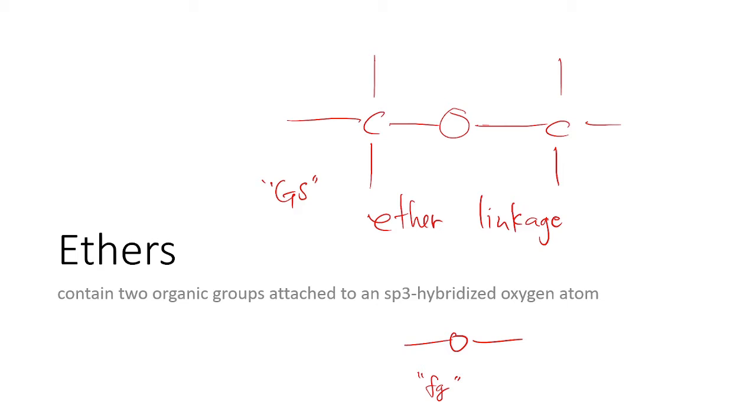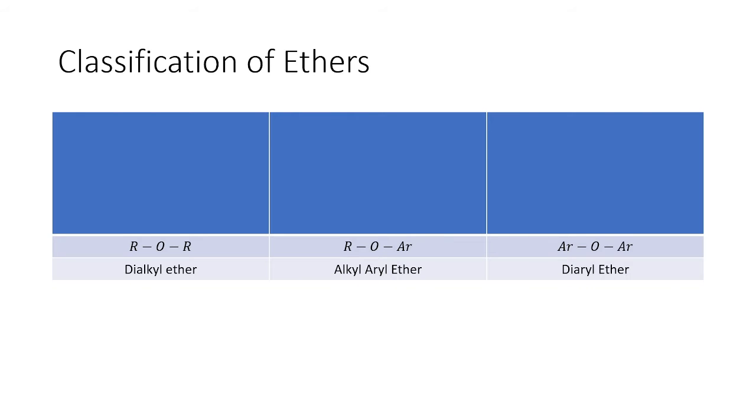We may encounter different types of ether, so we have this classification: dialkyl ether, alkyl aryl ether, and diaryl ether.